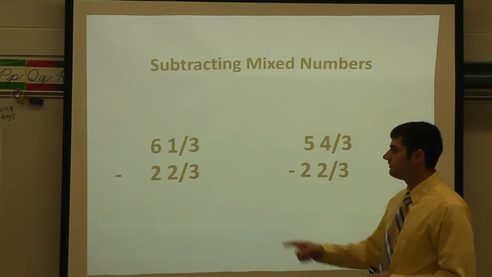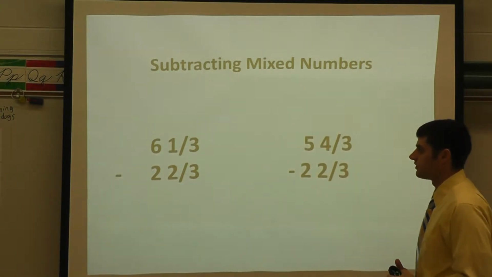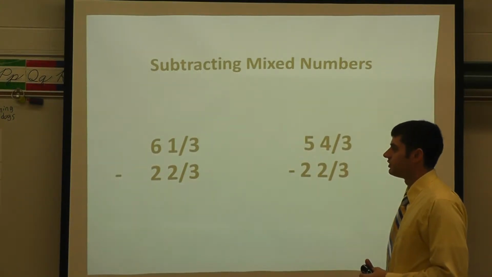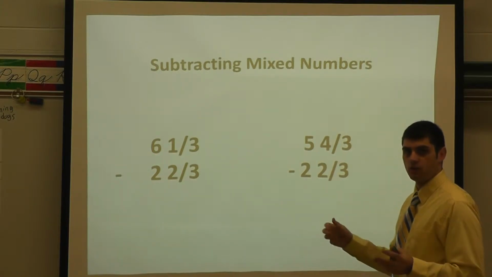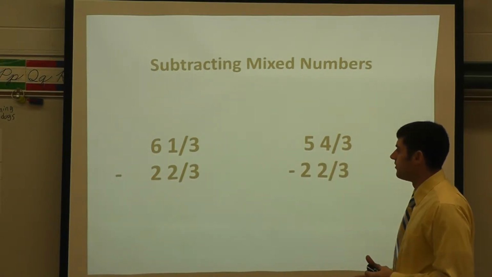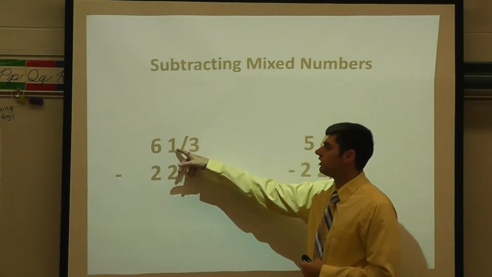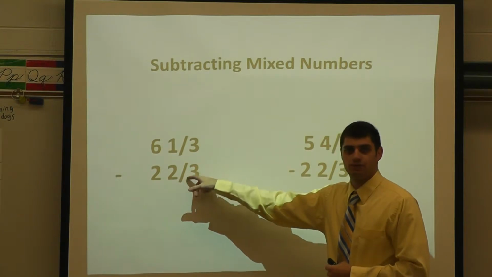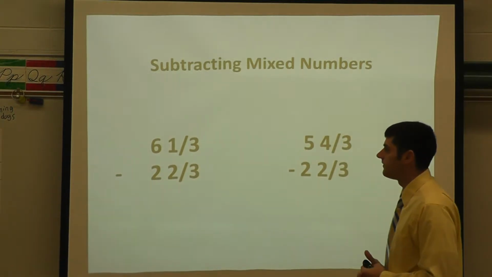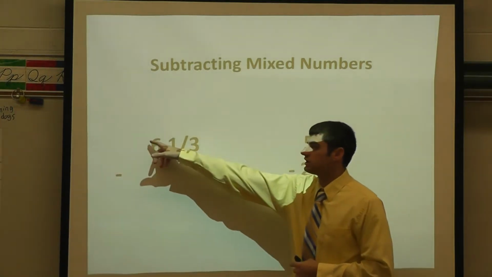In this example, we have 6 1/3 minus 2 2/3. Now this one's a little bit different. I don't have a whole number by itself. But when I'm subtracting, look, the smaller fraction came first. I only have 1/3. I can't give away 2/3 if I only have 1/3. So I'm going to cross that 6 out.